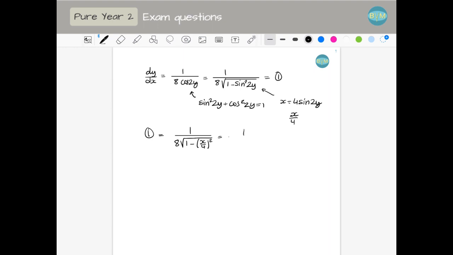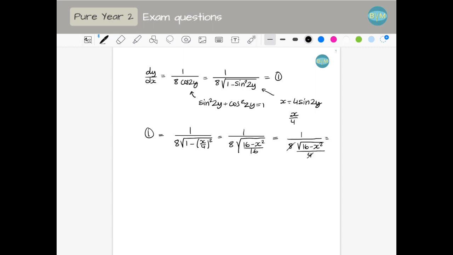And I'm just going to work a bit with that expression. So I have 8 root of 16 minus x squared divided by 16. I can take the 16 out of the square root because it's 4, so I have 8 root 16 minus x squared divided by 4.